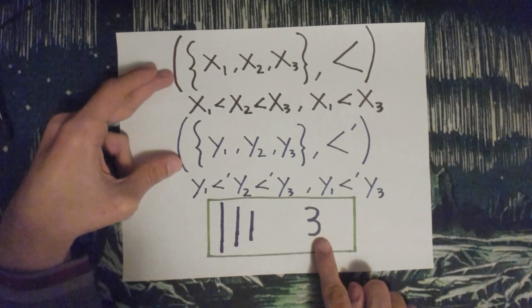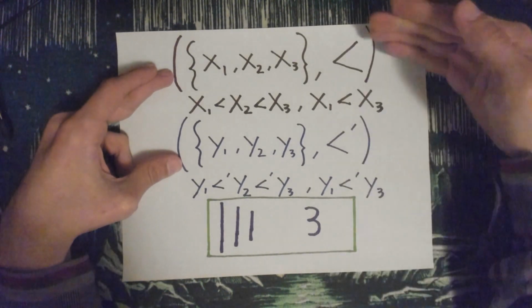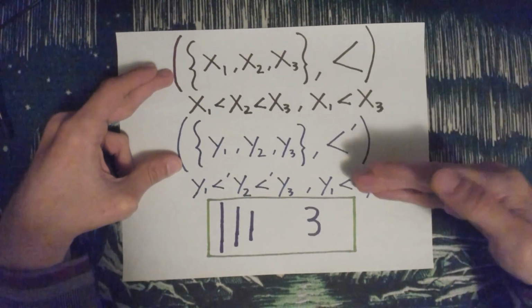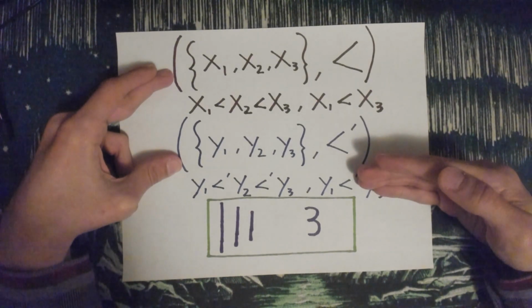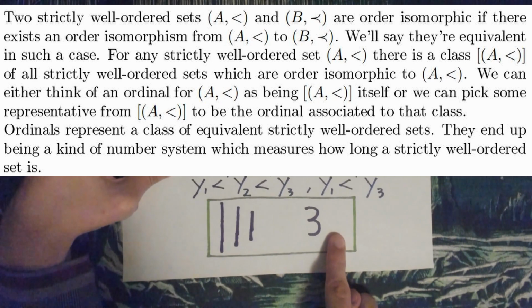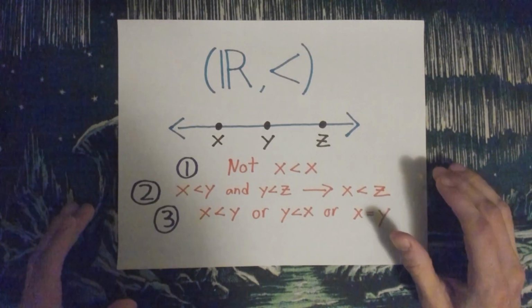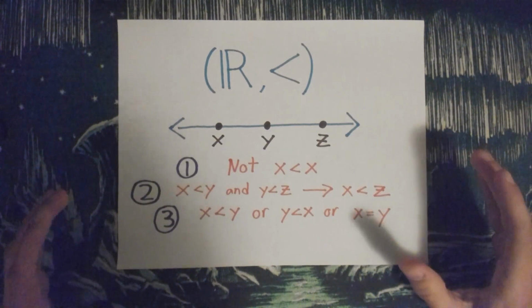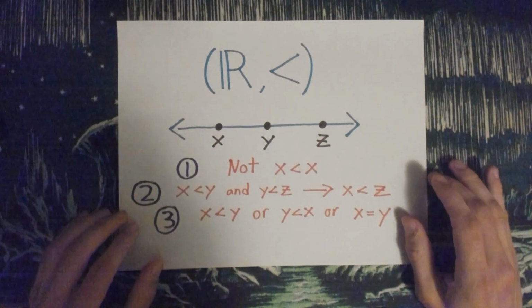So in this case, the ordinal number 3 is going to tell us what kinds of strict well orderings these are. It basically tells us how long the arrangement of elements is in the strict well ordering. An ordinal number represents the order type of a strict well ordering.